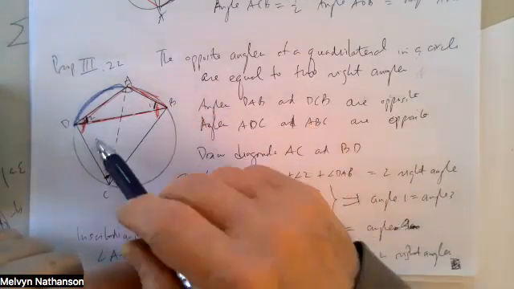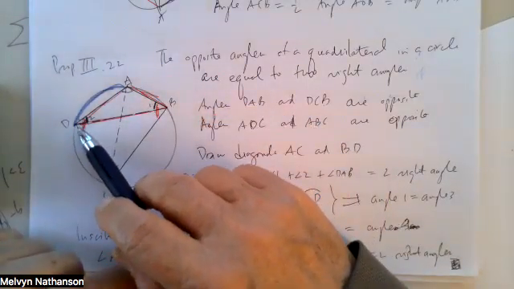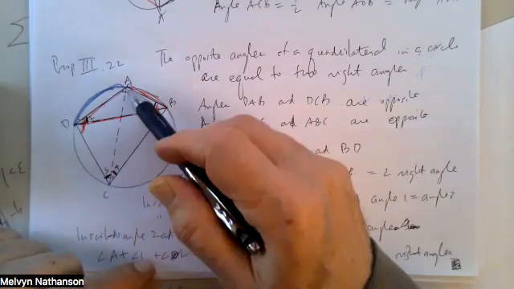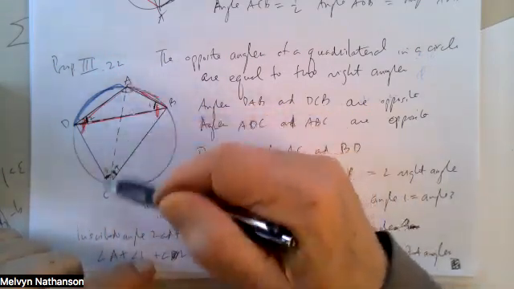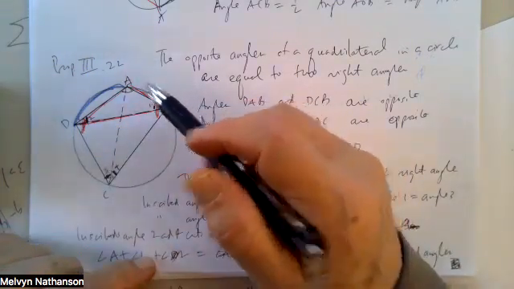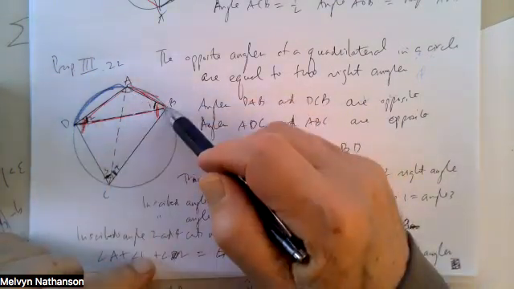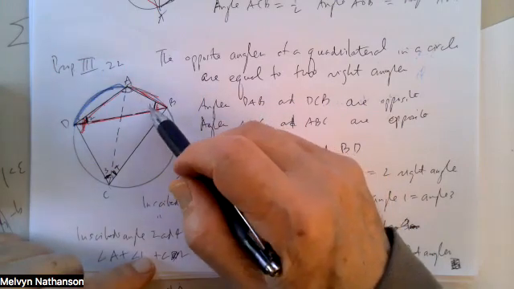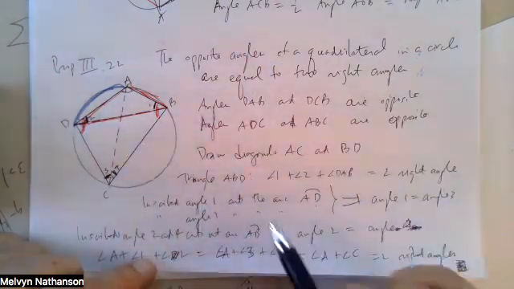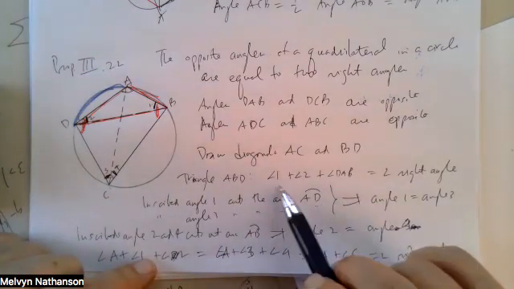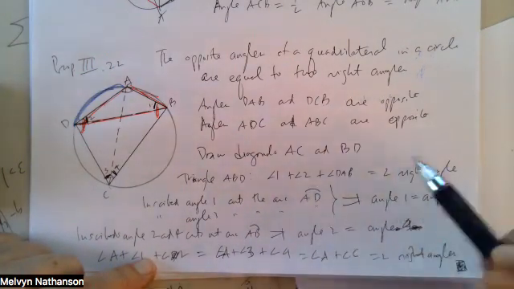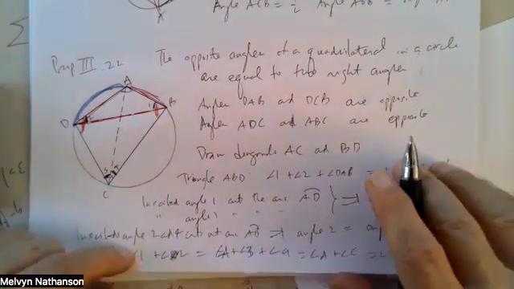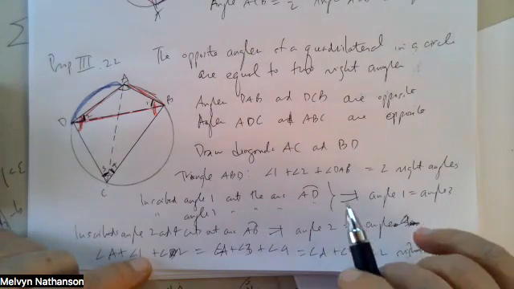Now, if I draw the line from B to D and the line from A to C, that is, if I draw the two diagonals of the quadrilateral, on the top I see a triangle. It has angle A, angle 1, and angle 2. So angle A plus angle 1 plus angle 2 add up to two right angles. The sum of the interior angles of a triangle is two right angles.